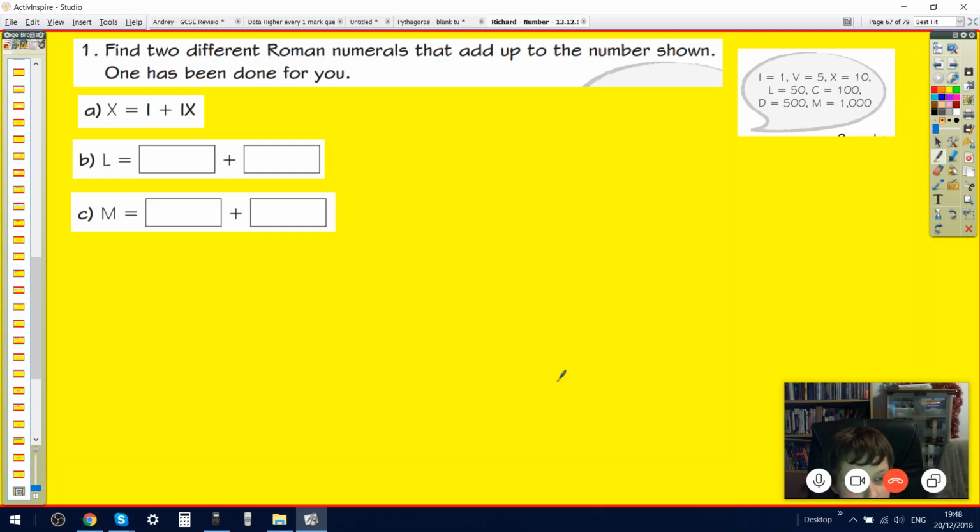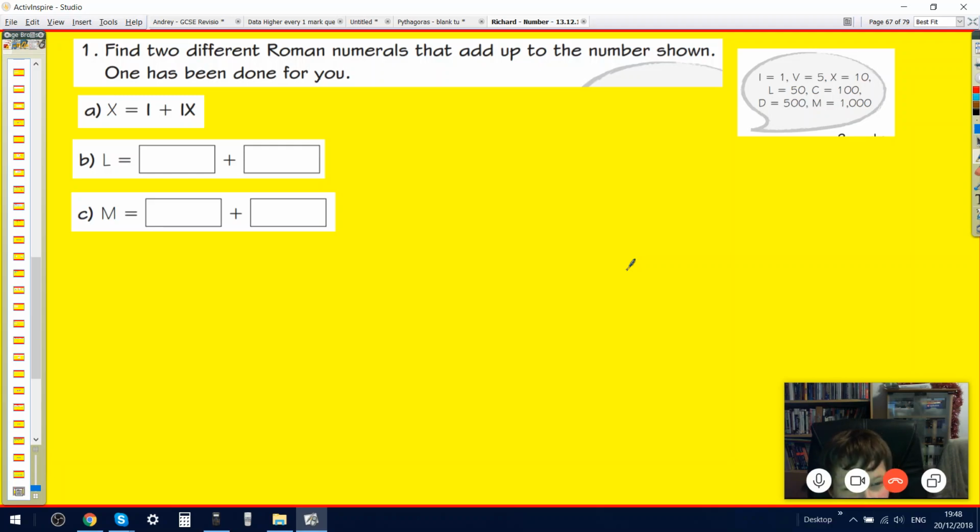One has been done for you. So for the example, it says X is 10. That's 1 plus. Well, that's 9. But for C, it means M, and that equals 1,000. So we need to find 2 different numbers that add up to 1,000.